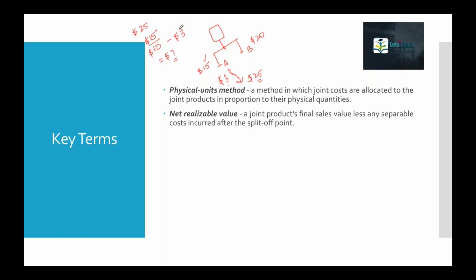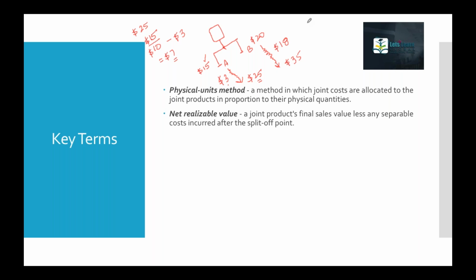If your net benefit is positive, you can go ahead because it is fetching you some additional profit. Let me test this on B also. Say we are further processing it and selling at $35. But to further process, say for example, we have to spend $18.